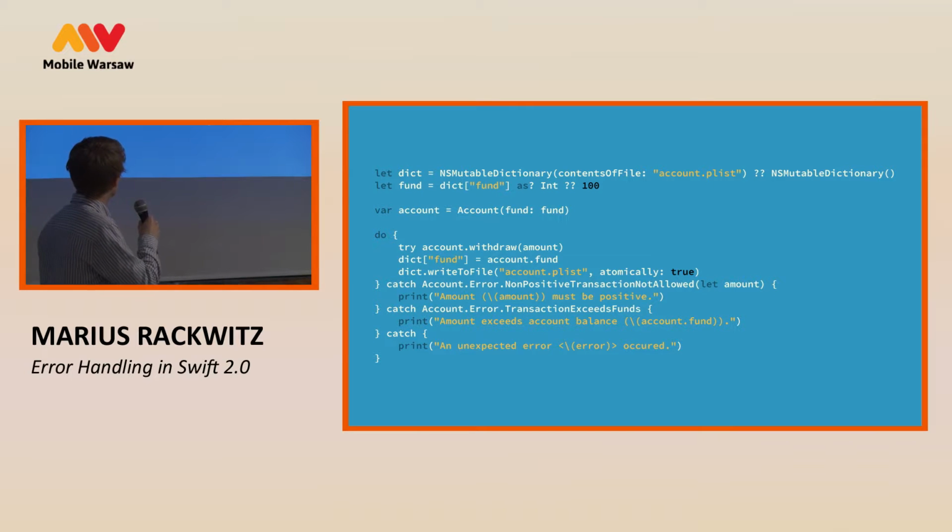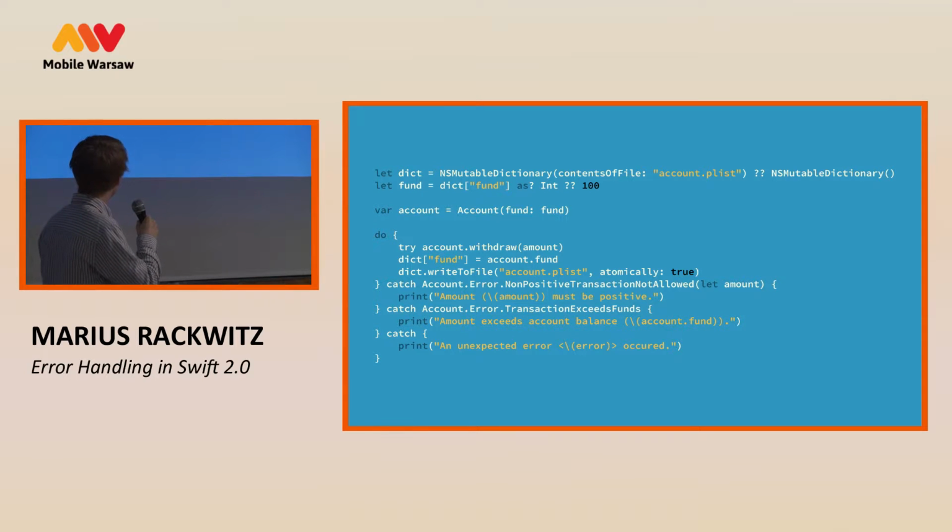And we see that here we have the error catching. If you have a throwing method, you have to call it from a do catch block if you don't use one of the slightly modified try statements with other semantics. We will see more about them later on.